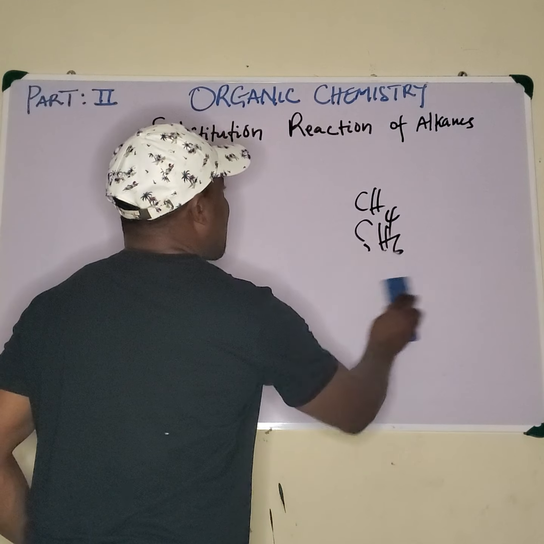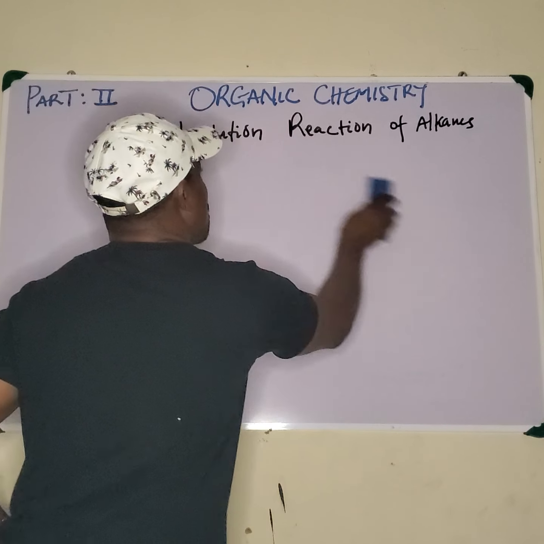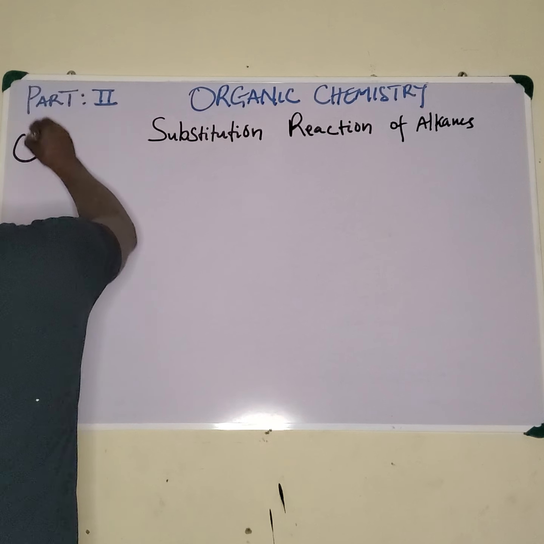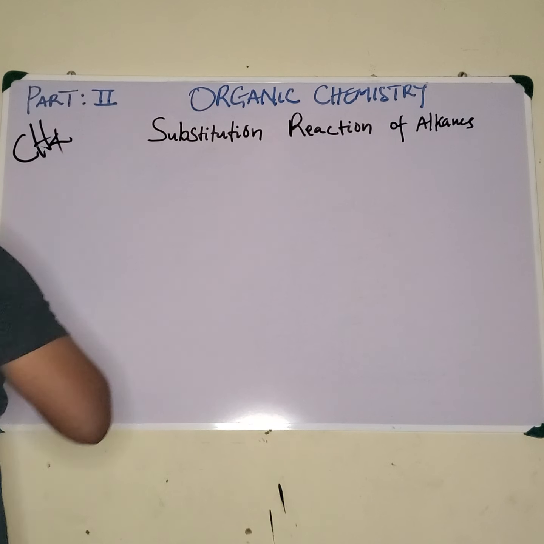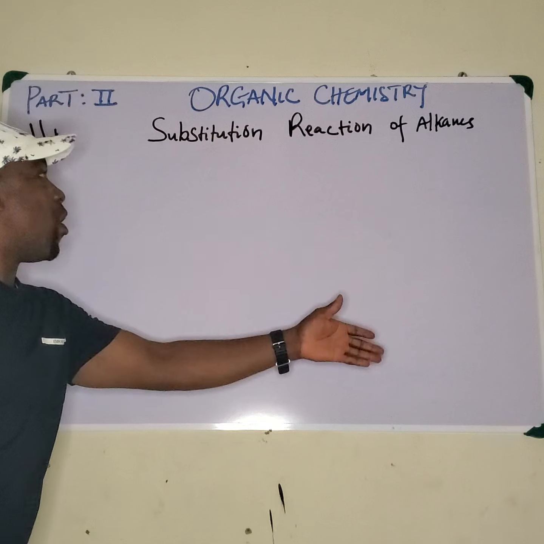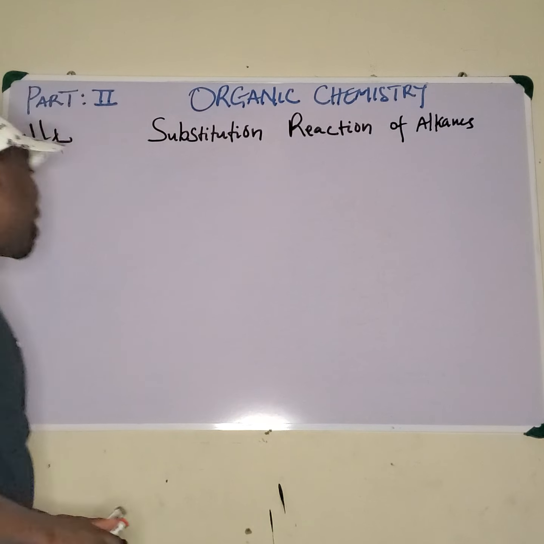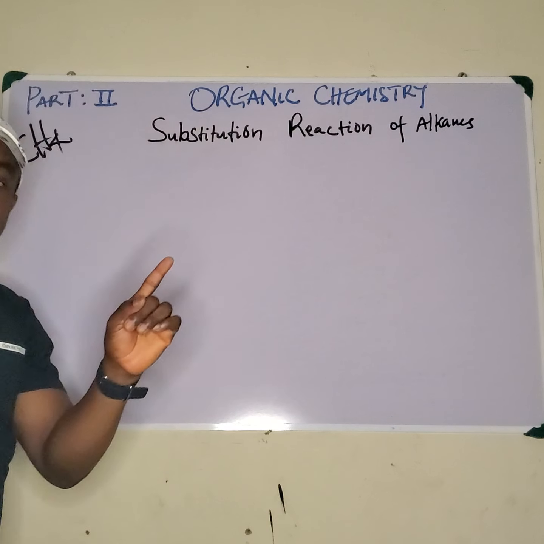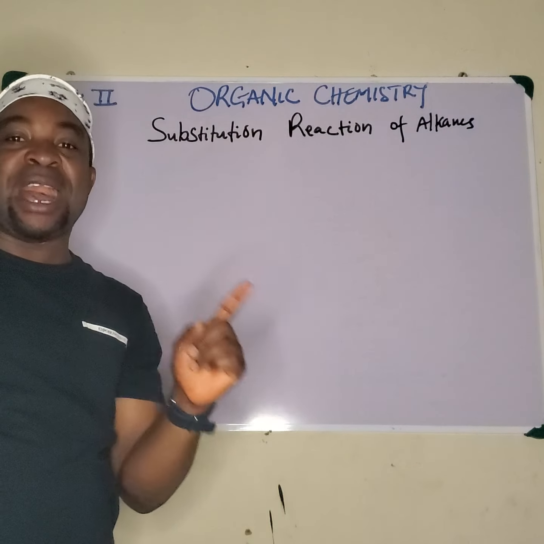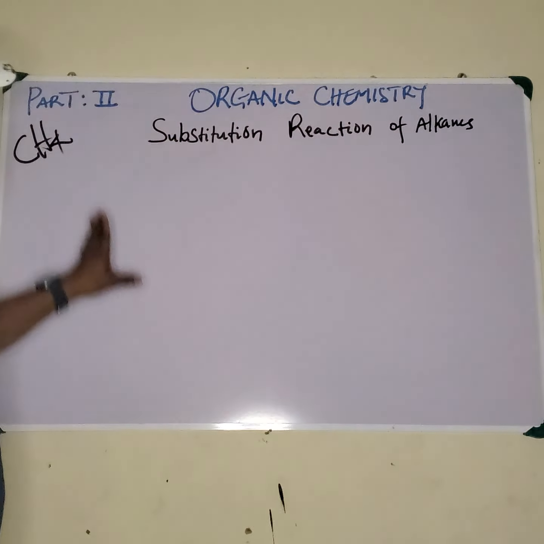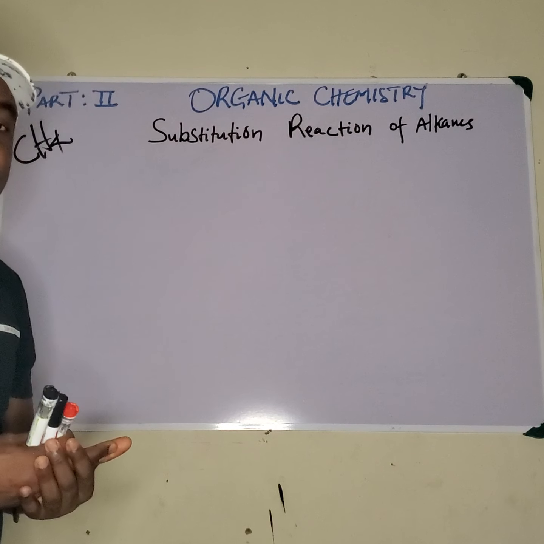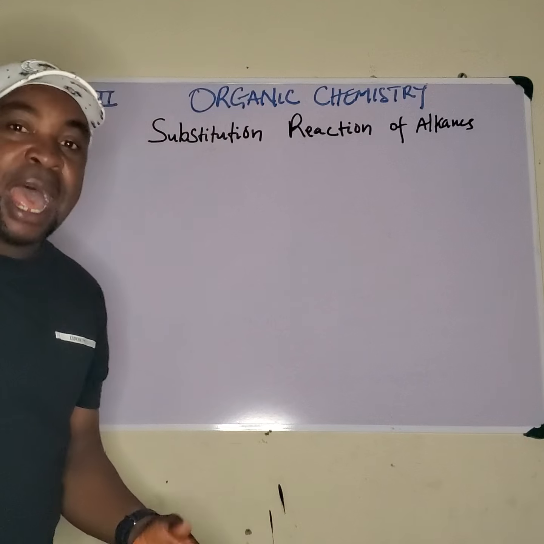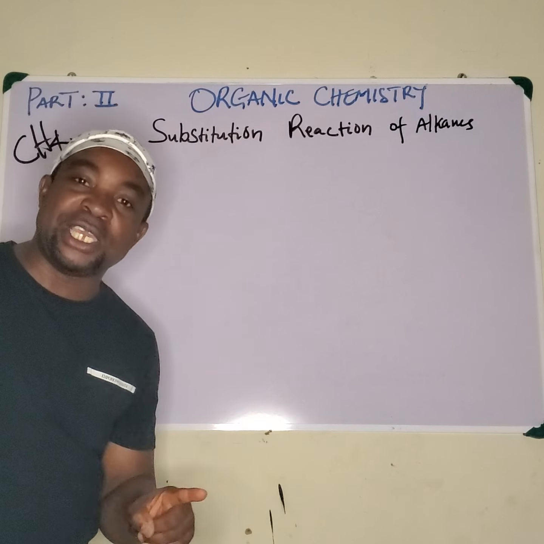Today I am interested in the substitution reaction of alkanes, and I am picking methane, the first compound in the group, as one of the members of the alkanes. I'm going to demonstrate how methane reacts with halogens, and one of the halogens I'm going to pick today is chlorine.